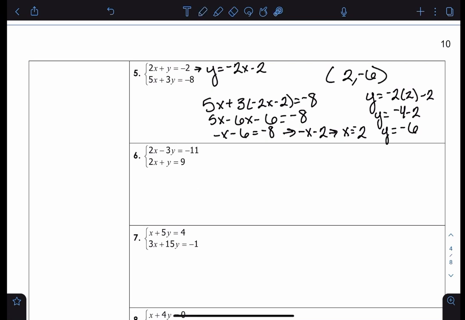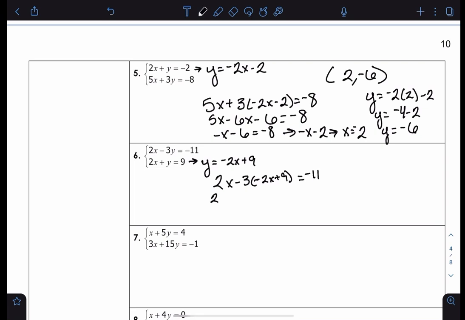On to question 6. We have our first equation, 2x minus 3y equals -11, and then 2x plus y equals 9. Our second equation is going to be the easiest to transform into a simple equation. So we're going to rewrite our second equation as y equals -2x plus 9. We can now plug this into our first equation, so we can rewrite everything as 2x minus 3 times (-2x plus 9) equals -11.